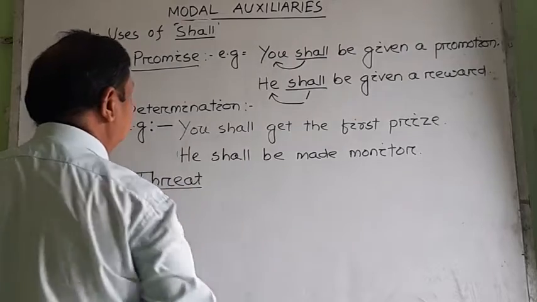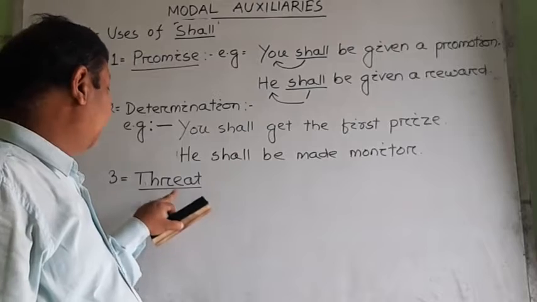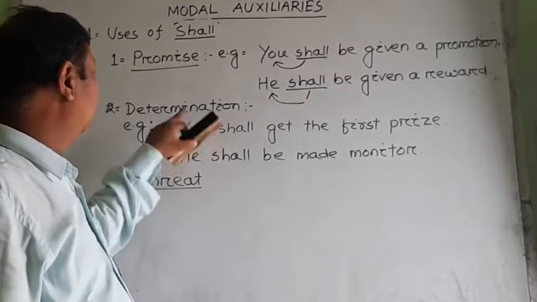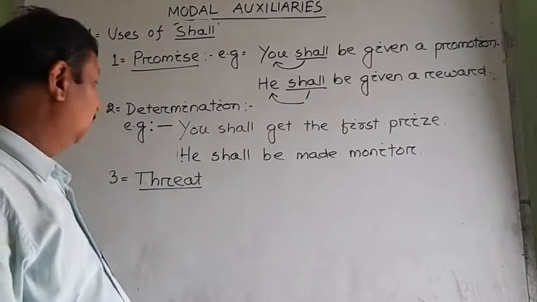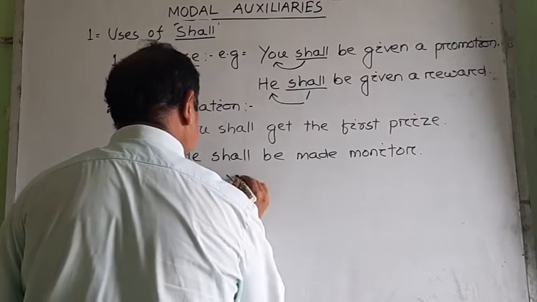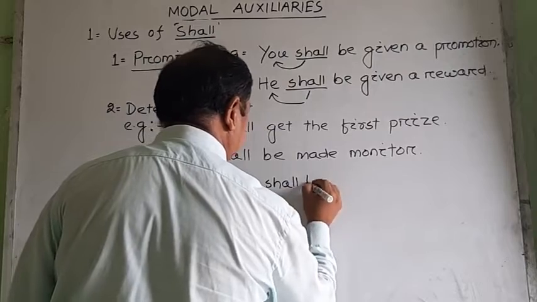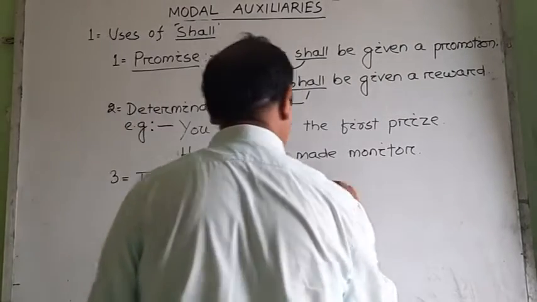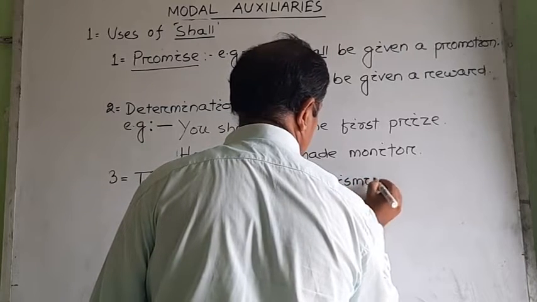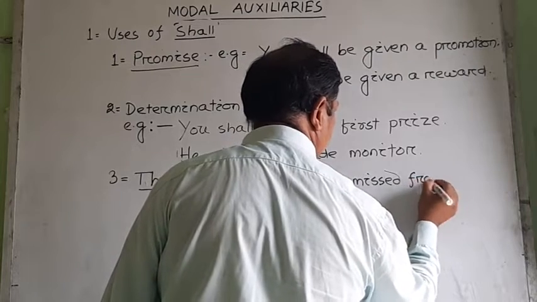See, so except that, we shall have number 3, threat. Threat or fear. See, even we can have the expression of threat. The mood changes when it is used with second and third person. See how the example. Suppose someone says, you shall be dismissed from the job.